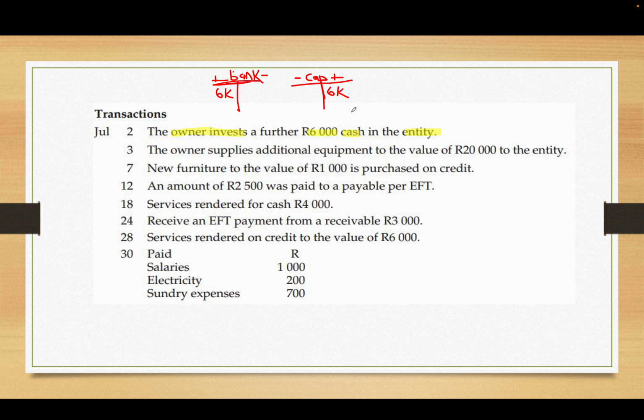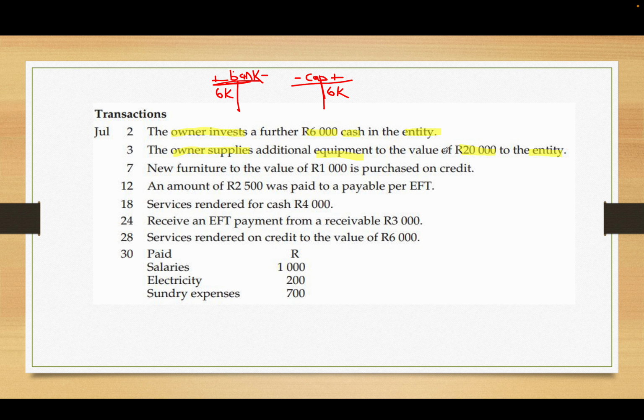Transaction number 2. The owner supplies additional equipment to the value of 20,000 to the entity. So the owner, there we go again. As soon as you see owner, you think of capital. It supplies additional equipment to the value of 20,000 rand.